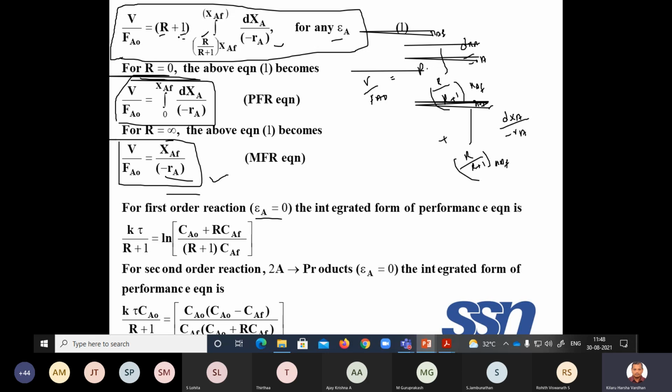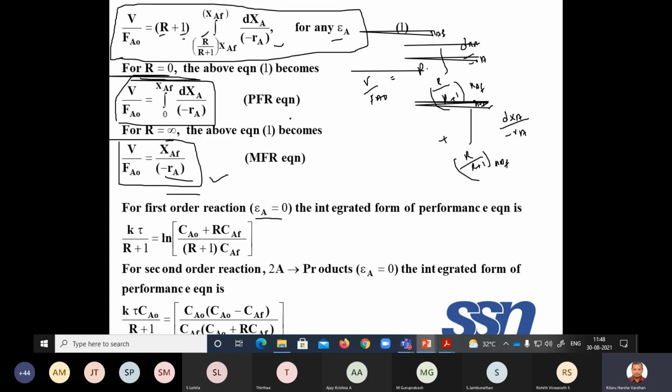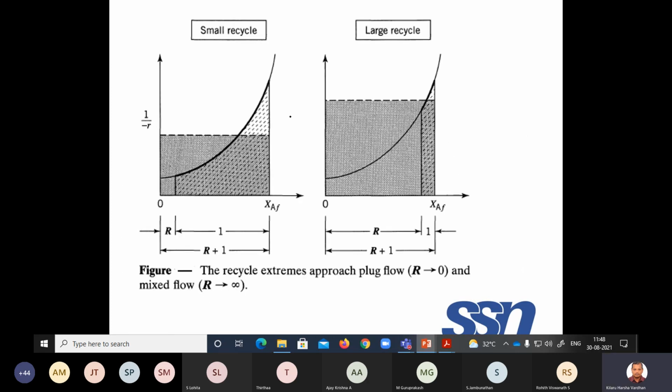Is that correct? Now can we draw a graph? The graph is what is important. I'll show you in the graph now, right? Now let us take this. What is the expression which we got?